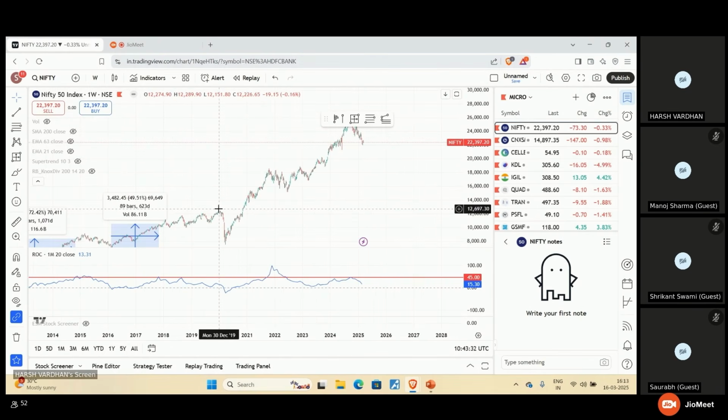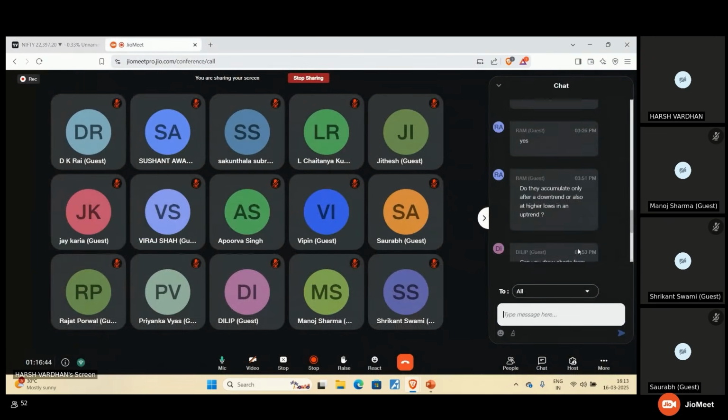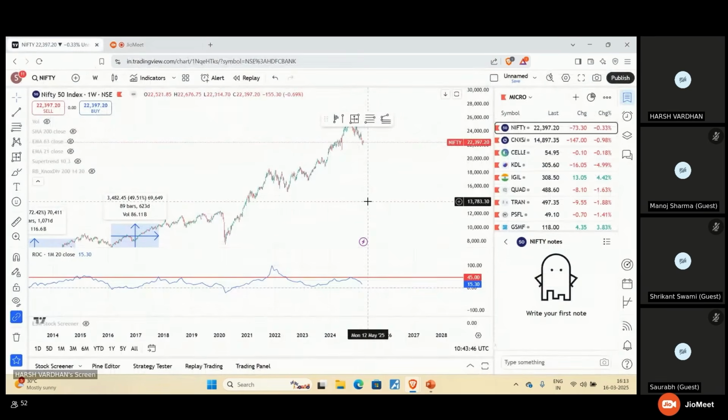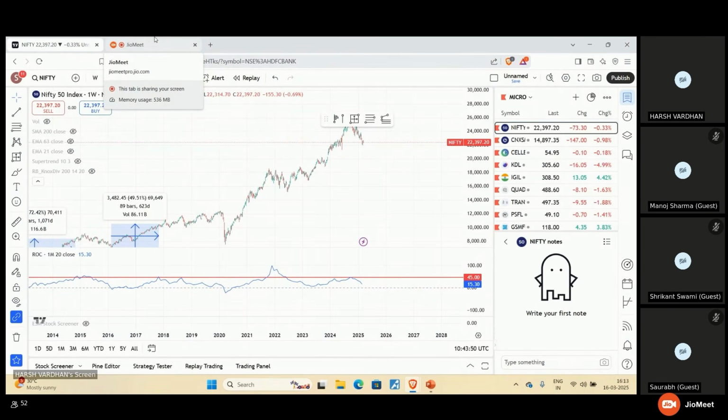Okay, there are some queries in the chat. Is it a leading or a lagging indicator? Okay, so it is obviously a lagging indicator because it derives from past data. But in terms of market, does this indicator tell you after the price movement?